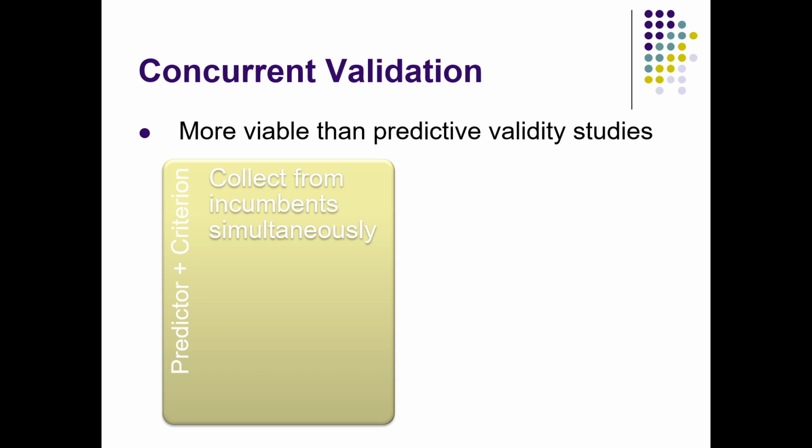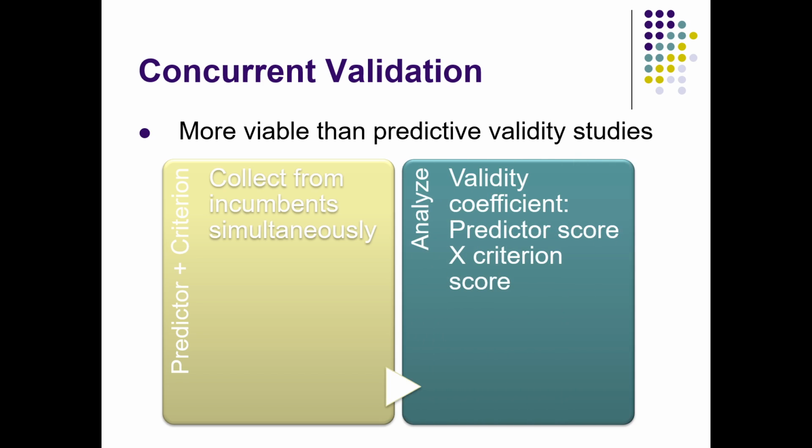So you take your existing incumbents, you've performance evaluated them, and you have now decided which ones of them are the top performers, the mediocre performers. You've got your information about the incumbent already as far as the criterion. And then you administer the predictors to them and see whether those predictors actually correlate with the performance on the job.